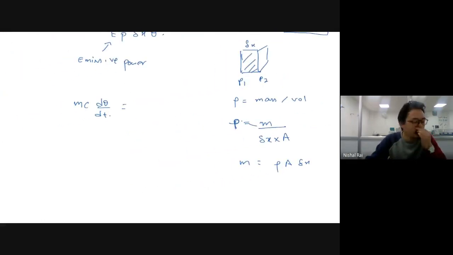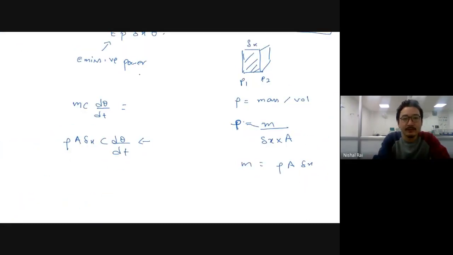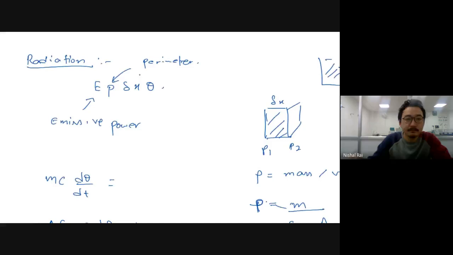So you can write this as ρ A δx C dθ/dt. This is how the heat changes with respect to time. And this is a term that takes care of the energy lost through radiation.